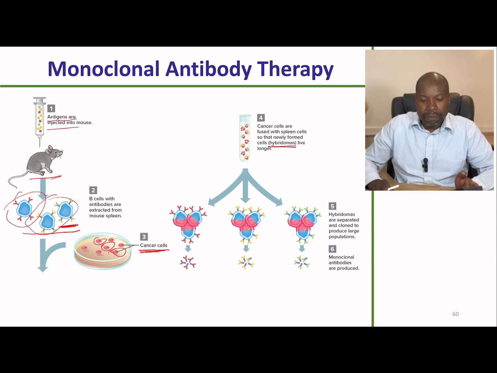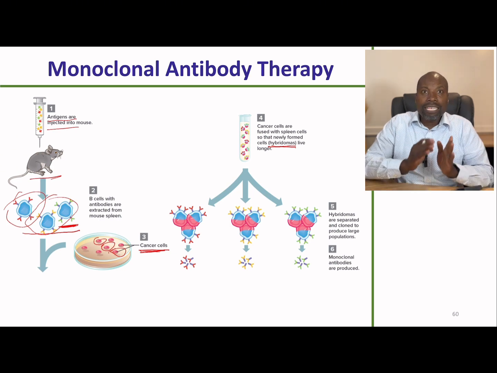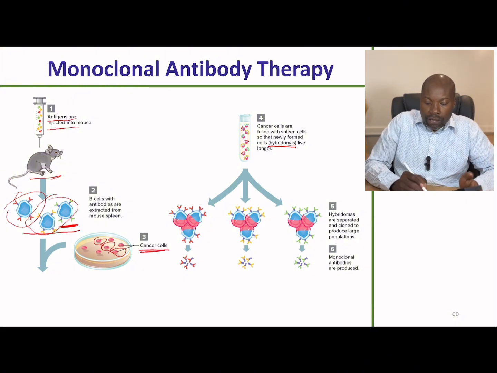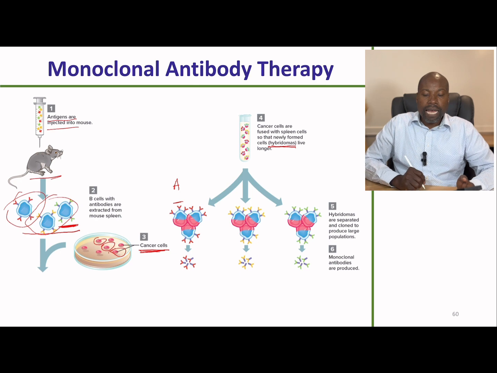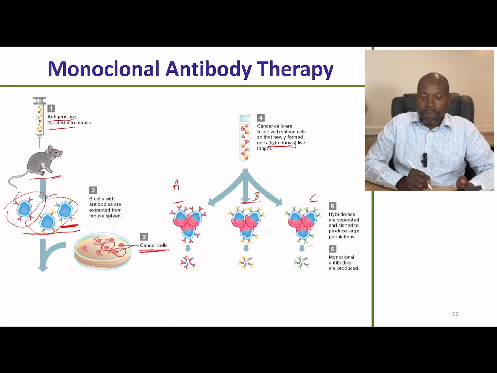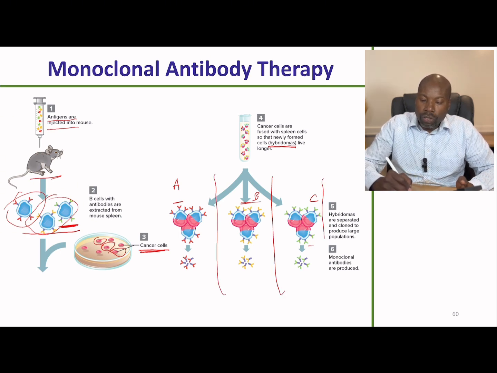As a consequence of that, right, we can actually isolate different hybridomas, right? We're going to isolate, for instance, a hybridoma against antigen that we're going to call antigen A here, so the red one. Then we're going to isolate hybridomas that produce antibodies against antigen B, another one that produces antibodies against antigen C. At the end of the day, we're going to have different clones producing different antibodies.